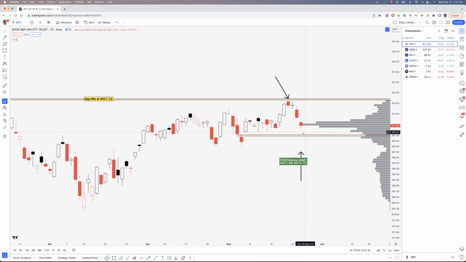If we did start moving down tomorrow, this would be a target. One, because prices like to gravitate towards inefficiencies in the chart, i.e. gaps in price. And two, they act as support. So not only would this maybe be my target on the downside, but it would also be my target for a potential support zone.